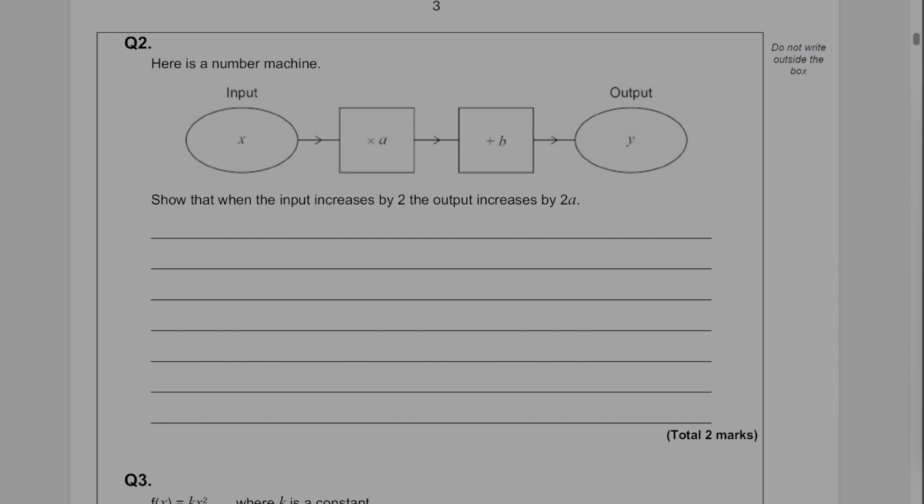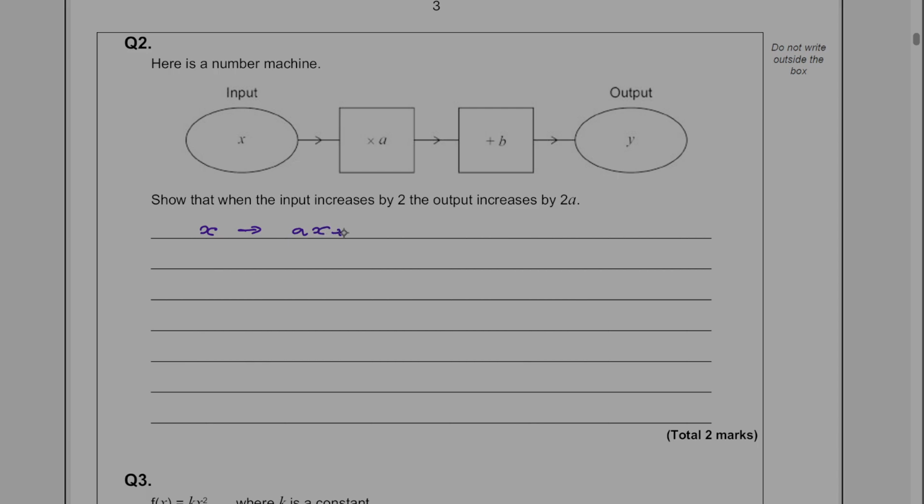If we put x into the input, our output would be ax plus b. And then if we put something in that's 2 bigger than x, so x plus 2, our output would be, and I'll do this unsimplified first of all, a times x plus 2 plus b, which would give us ax plus 2a plus b.